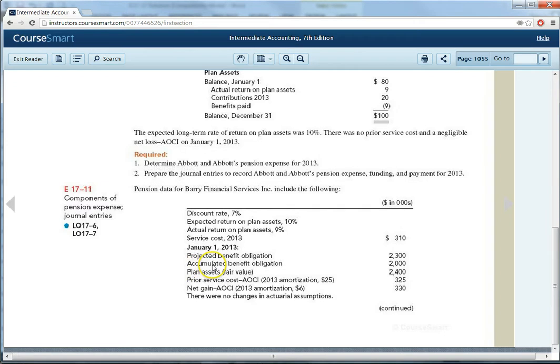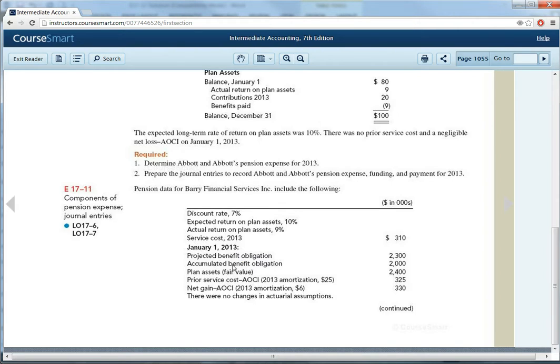Notice here that the data also provides accumulated benefit obligation. That's computed on a slightly different basis than the projected benefit obligation. The difference between the two essentially is the PBO includes projections of future increases in salaries, where the accumulated benefit obligation does not.